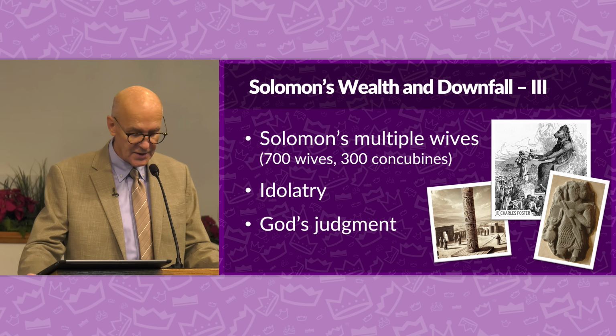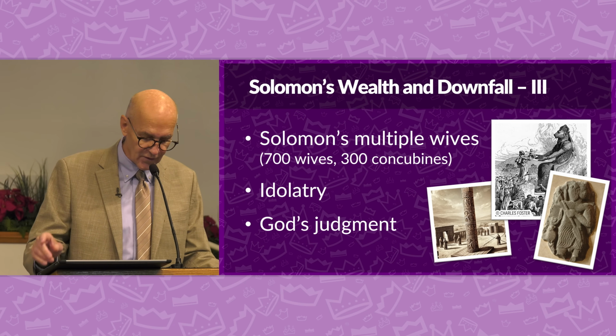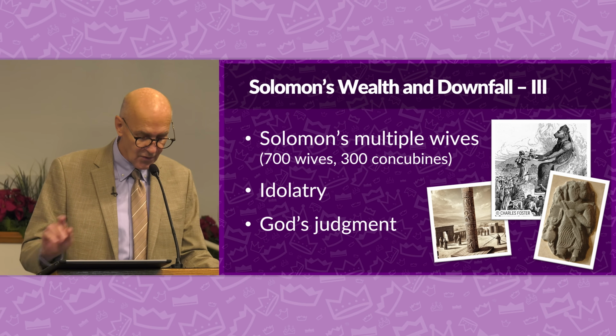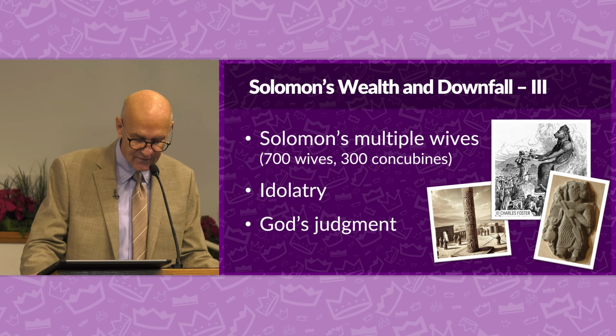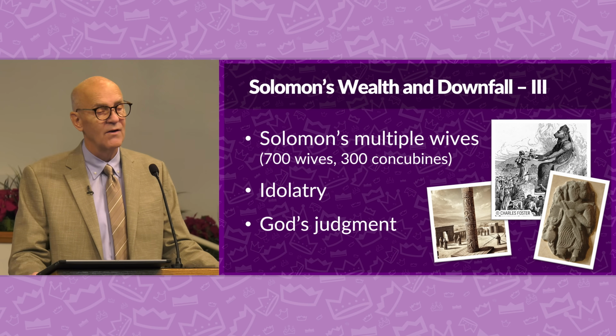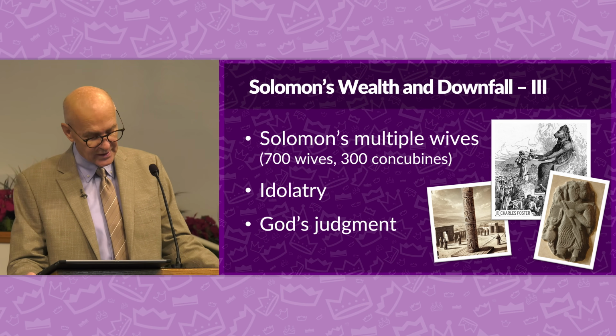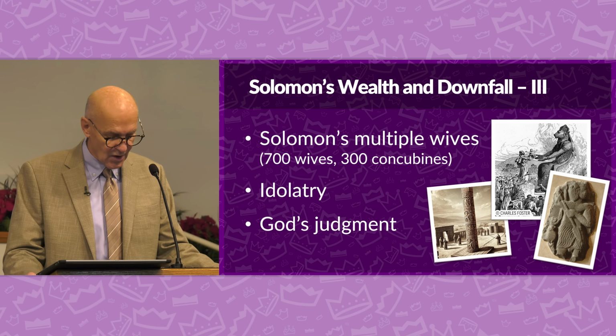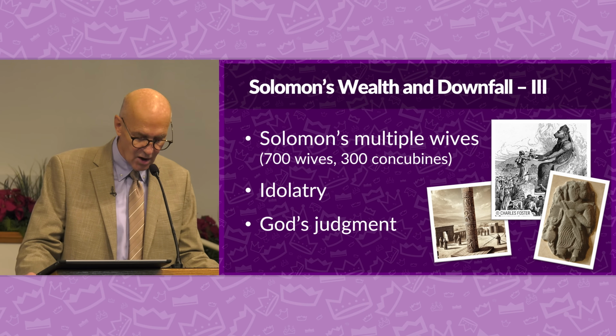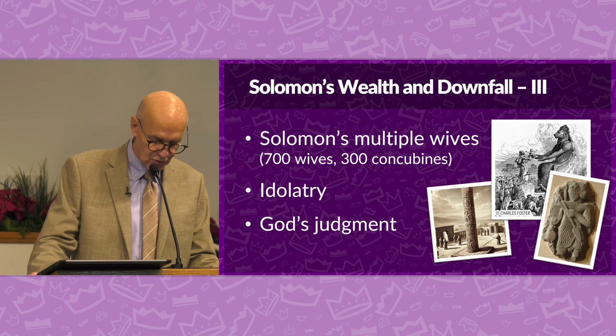As punishment, God declares that the kingdom will be torn from Solomon's descendants, though not during Solomon's lifetime, for the sake of God's promises to David. Instead, the kingdom will be divided after Solomon's death, with only a portion remaining under his son's control.